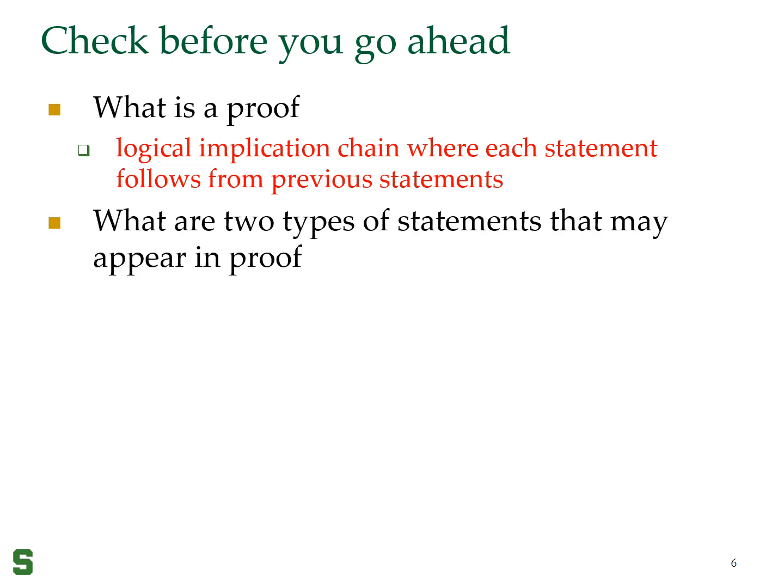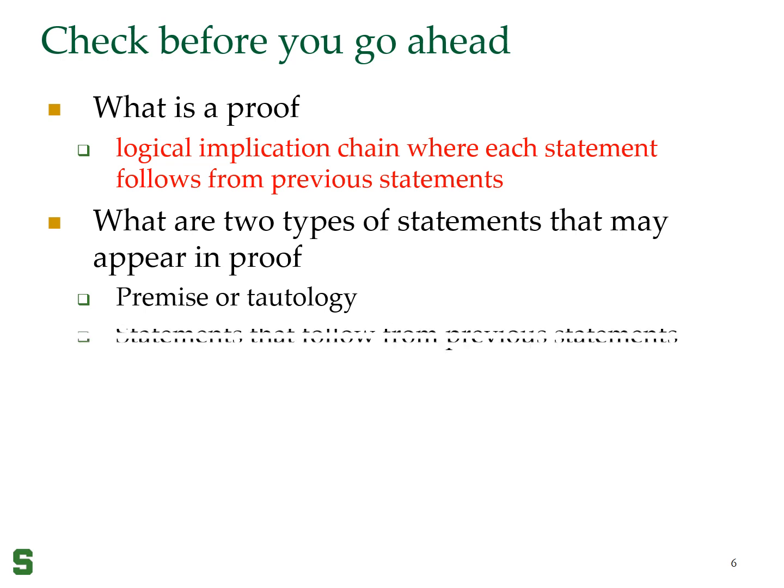Recall that one of them was a premise or a tautology. A premise was something that was given to you, so as far as the proof is concerned, that is a true statement, and a tautology by definition is true. The other is a statement that follows from previous statements, and this is where most of the proof complications or innovations are going to come.